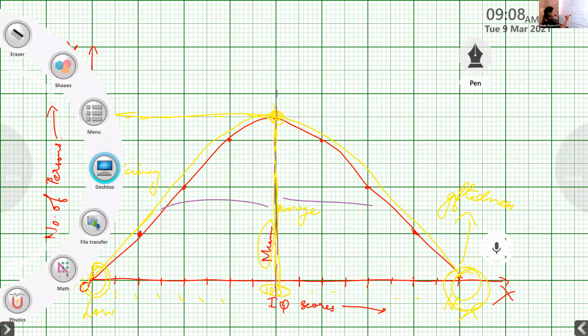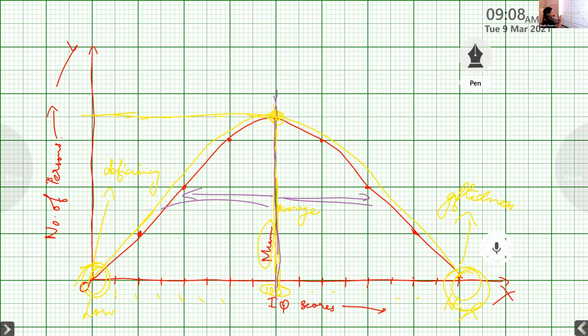When we cut this normal distribution along the average, the number of people with IQ scores above average and below average, that is low average, borderline, intellectually disabled, should be equal.